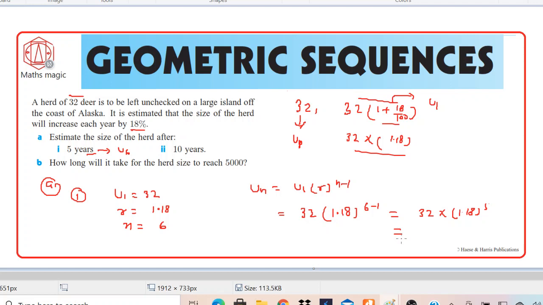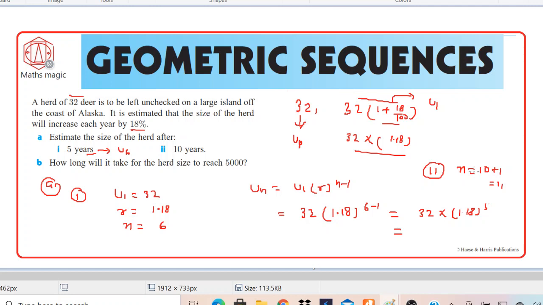Now for the second part, it says 10 years, so simply you can replace n with 11 over here, and then you have to follow the same trend to get the answer. Hope it's clear. If you want, I'll write the proper answers for you so that you will not get confused.